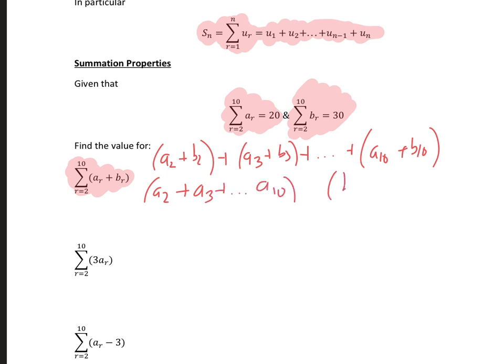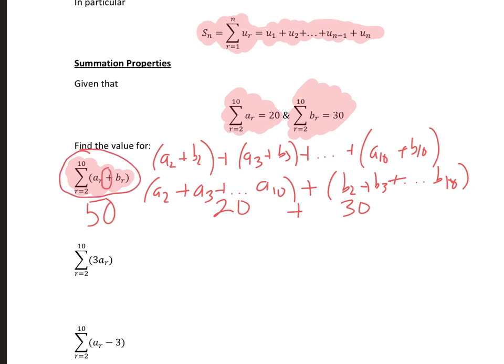I can do all the B's together, so B2, add B3, all the way up to B10. And then add those together, because I know that the A's add up to 20, the B's add up to 30, so I can just add them together and get 50. So what that example is trying to show you is if there's an add in the middle, I can do them separately, I can separate them.